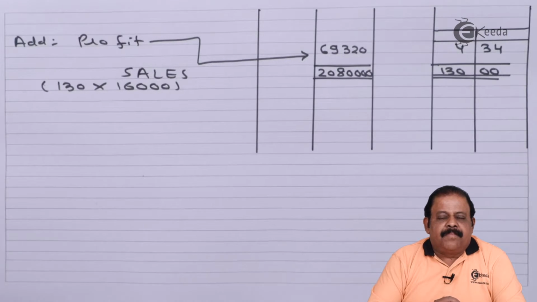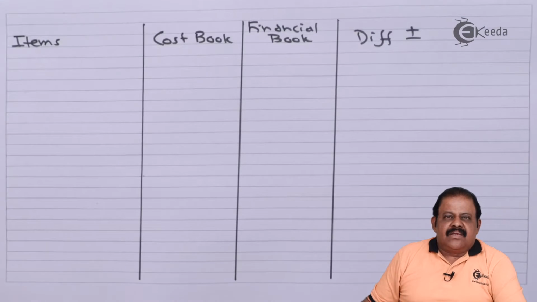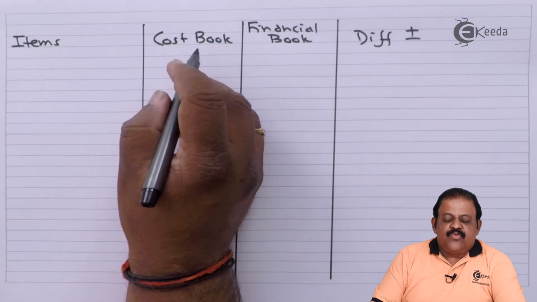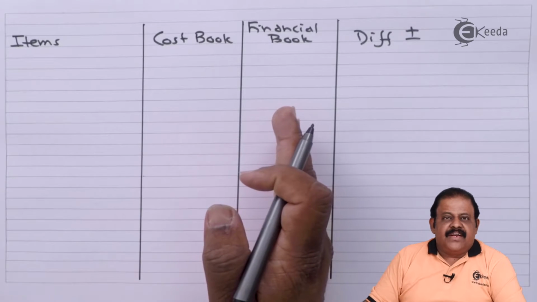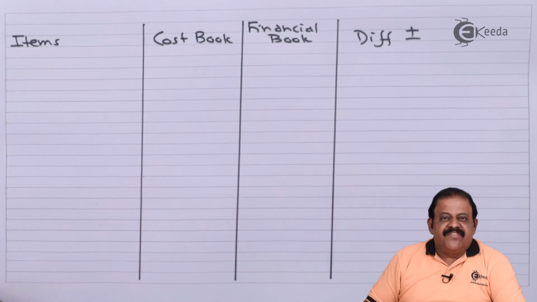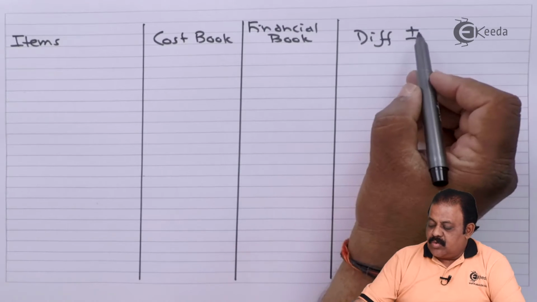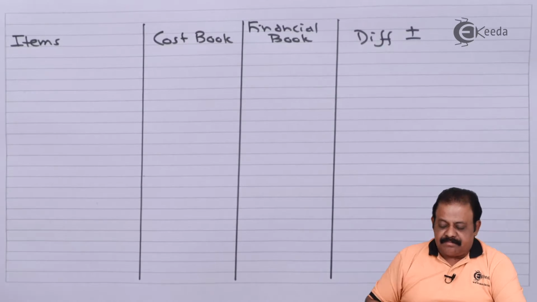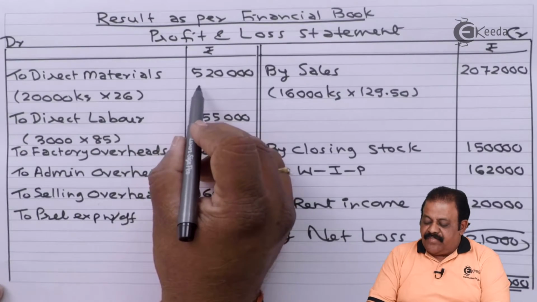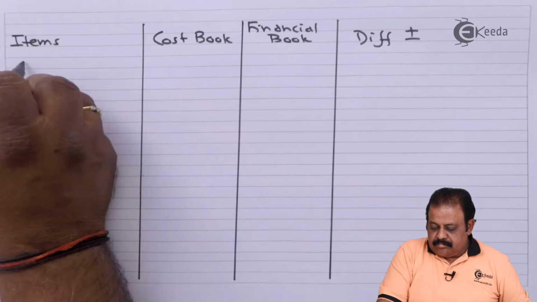Now we are required to prepare working note for construction of profit reconciliation statement. We'll start our profit reconciliation statement as profit as per cost book. So first amount column we are keeping cost book, second financial book, third column will be of difference, which will give us whether to add or subtract that item in profit reconciliation statement. Direct material as per profit and loss account 5,20,000.